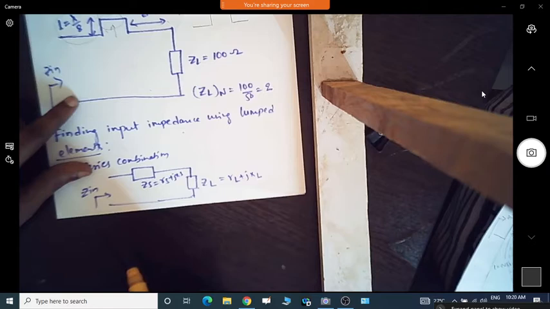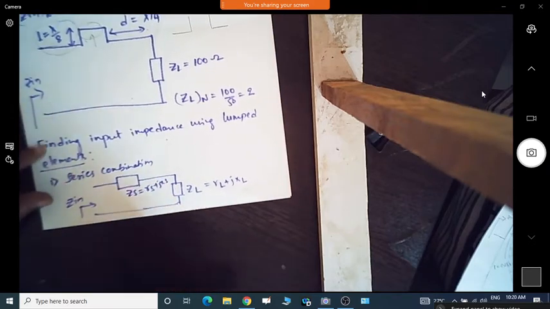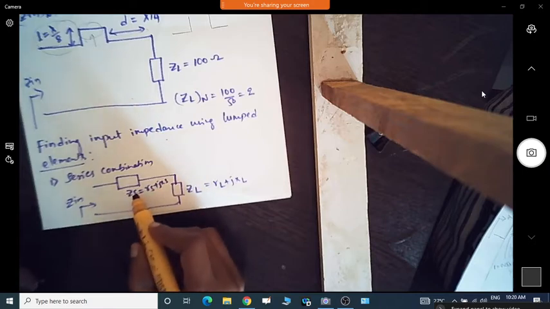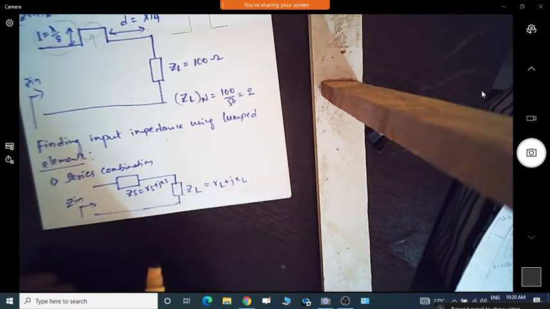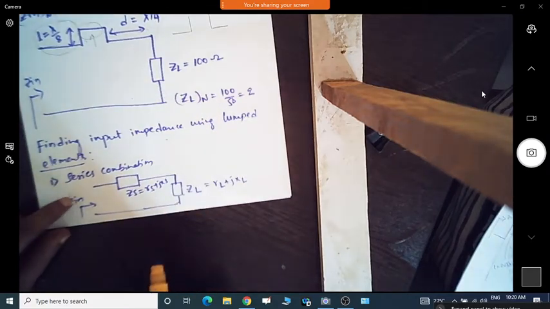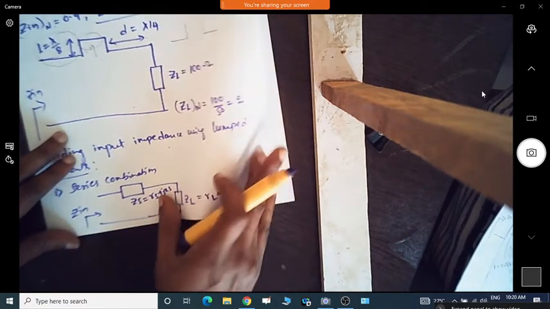In a similar way, if I add the shunt element, YP, that is G plus j omega C, or jB, that is the parallel element.